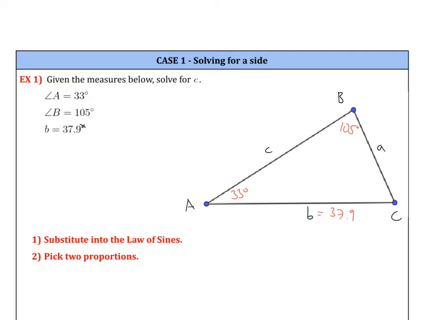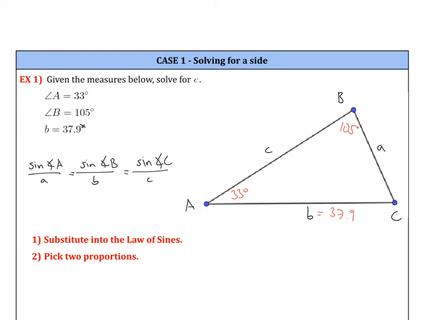After we label the triangle and put in the measurements, let's now rewrite the law of sines, just to remind ourselves what it is. Sine of angle A divided by little a, sine of angle B divided by little b, and sine of angle C divided by little c.